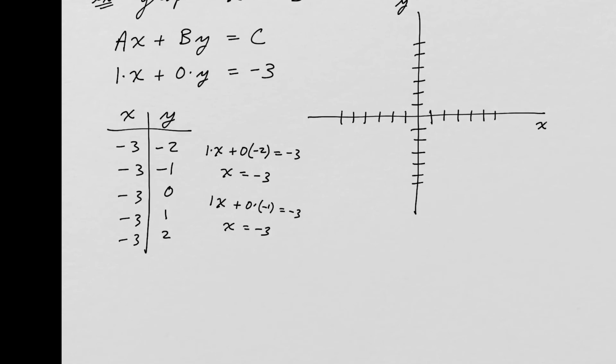So if we plot some of these points, -3, -2 would be here, -3, -1 here, -3, 0 is here, -3, 1, -3, 2. And then I graph that line. We're going to find that it's a vertical line.